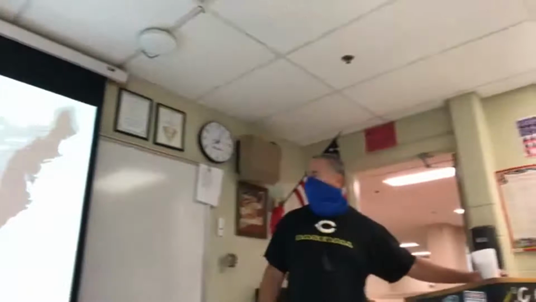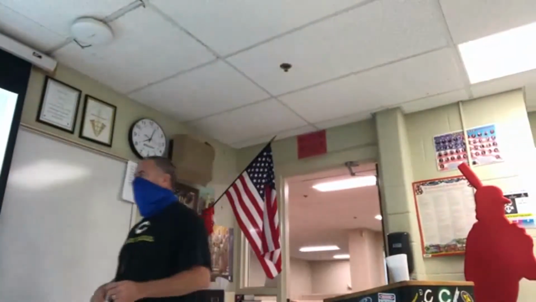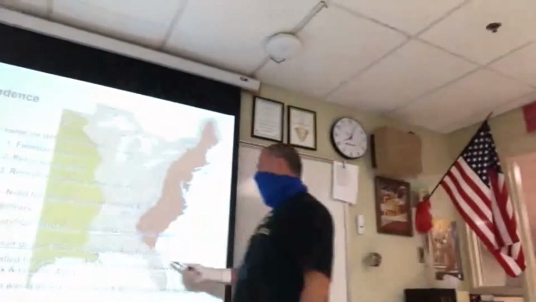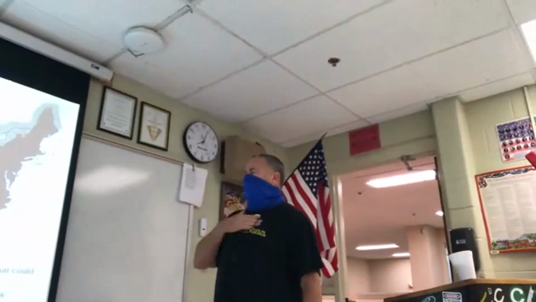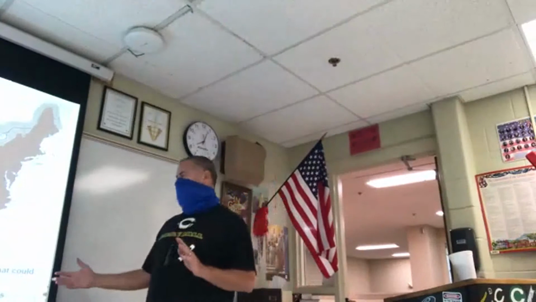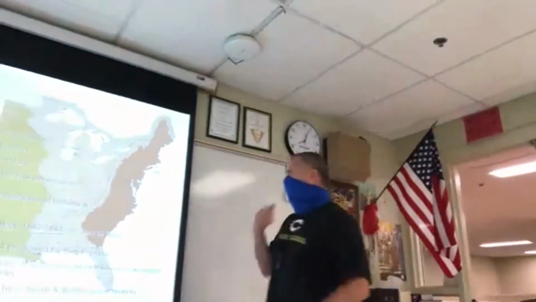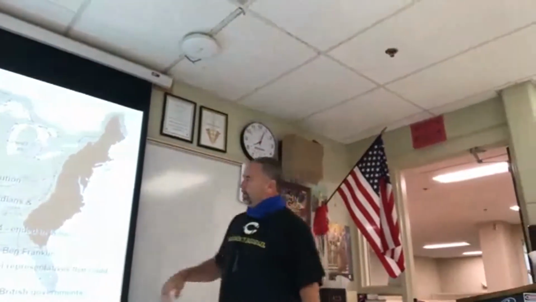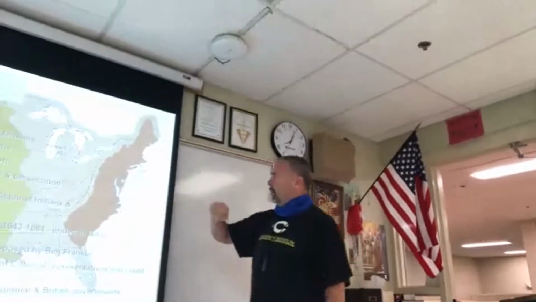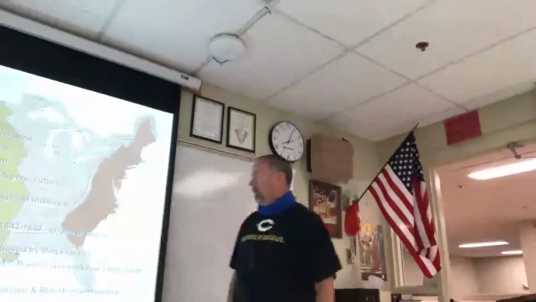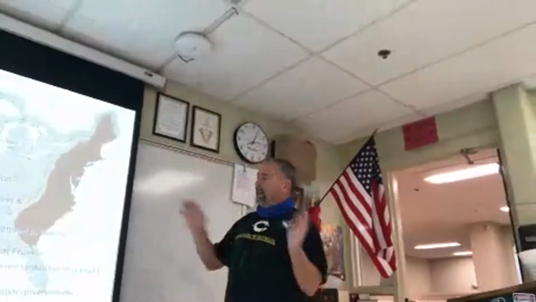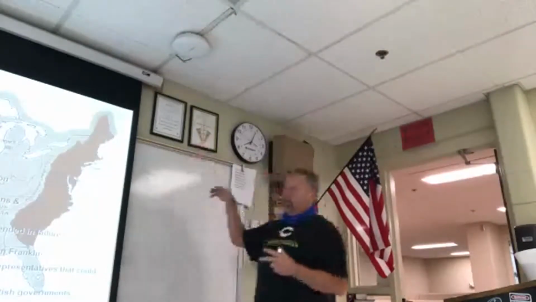Then later on, in 1754, Ben Franklin proposed the Albany Plan of Union. The British didn't like this, and some of the colonies did not either. If you were a small colony like South Carolina or Delaware or Rhode Island, you didn't want to be dominated by the big colonies like Virginia and Pennsylvania. They didn't want to be ruled by New York.